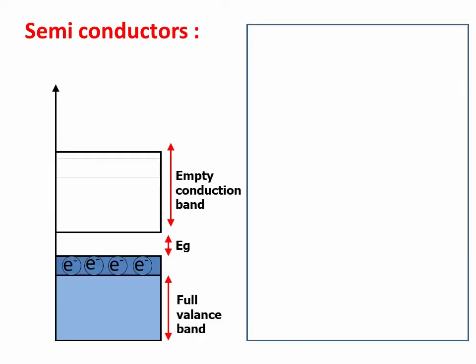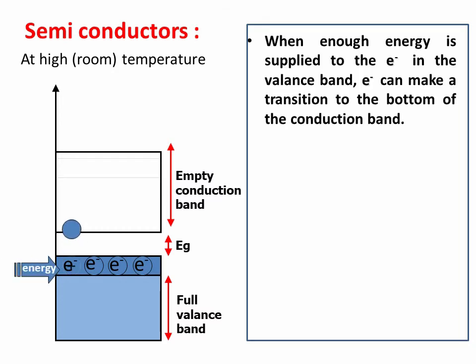Next, we are going to study the semiconductor's property at high temperature, that is, say, room temperature. Let us see how it conducts at room temperature. When enough energy is supplied to the electron in the valence band, the electron can move to the conduction band from the valence band.